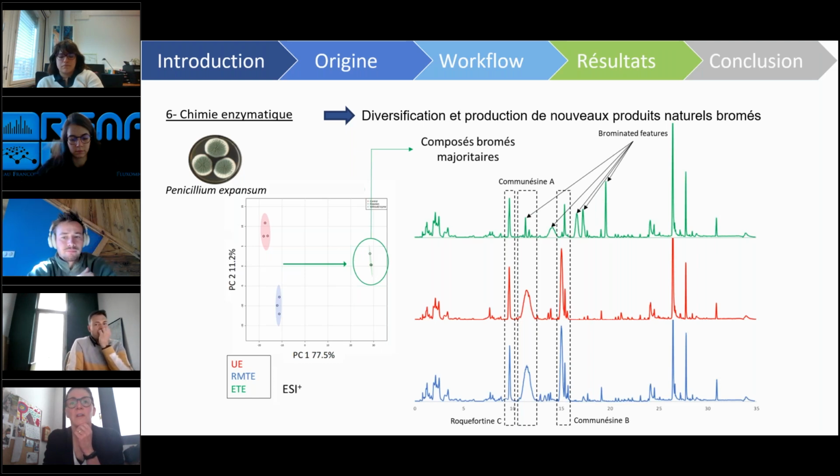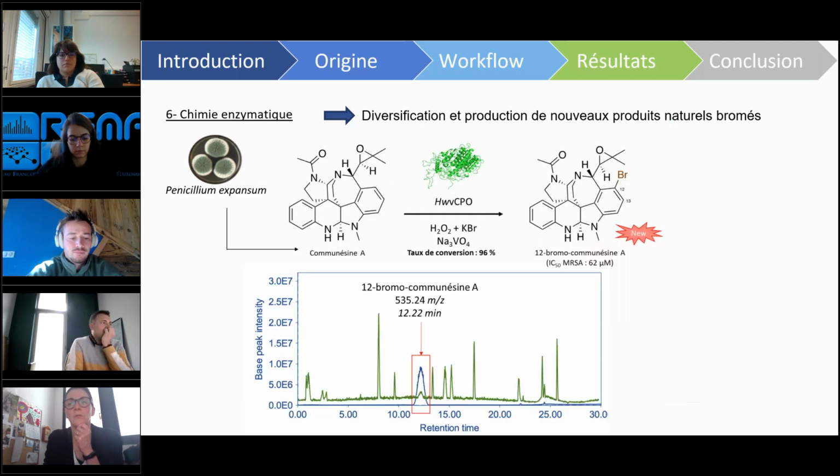chromatograms. Next, please. So, of course, one of them was the bromocommunesin A because it's a major compound in the fungus. So rather than purifying from the extract, because we didn't have high amounts, we actually purified the communesin A, treated it with the enzyme, and we managed to produce this new compound, which is the 12-bromocommunesin A. Interestingly, the conversion rate was 96%, which is quite good.